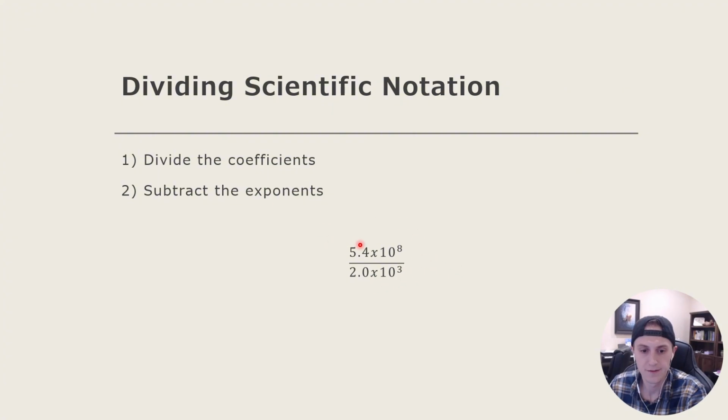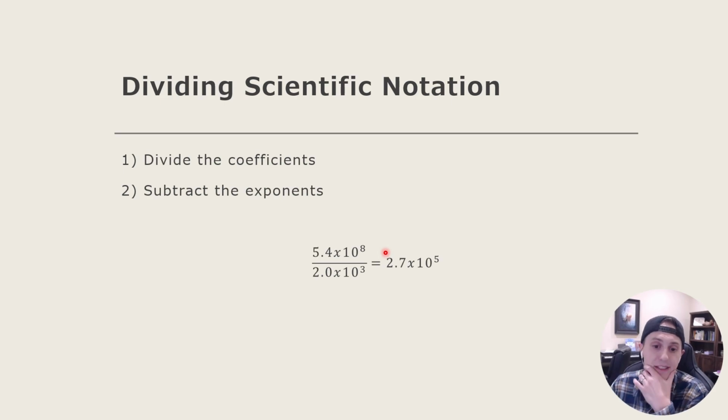We first divide 5.4 by 2, and then we're going to subtract the exponents, so we do 8 minus 3. And that gives us 2.7 times 10 to the 5th. Many of you can probably do 5.4 divided by 2 in your head to get 2.7. If you can't, then sure, use the calculator. But again, we're just trying to minimize use of the calculator whenever possible. So let's start practicing now to do more mental math so that we're saving time on the test.